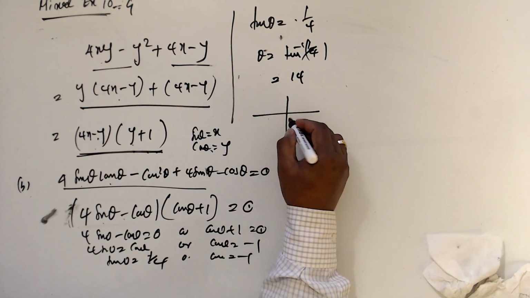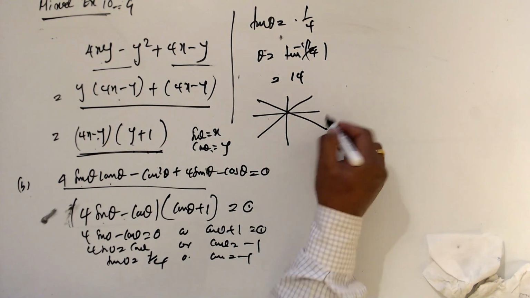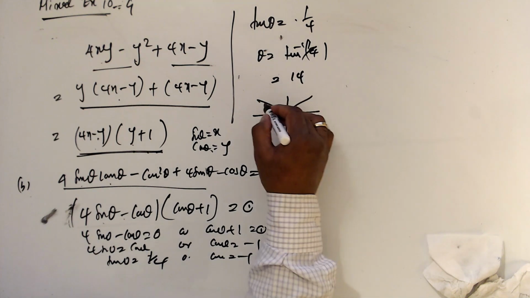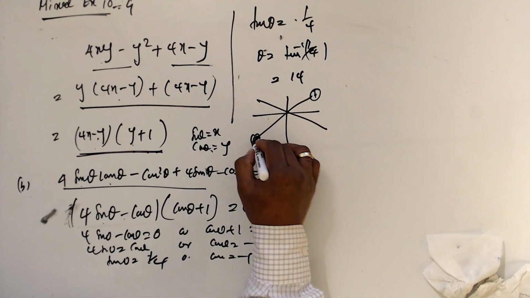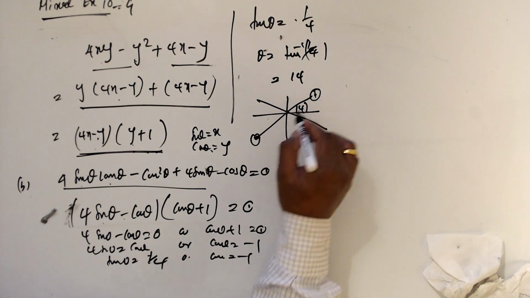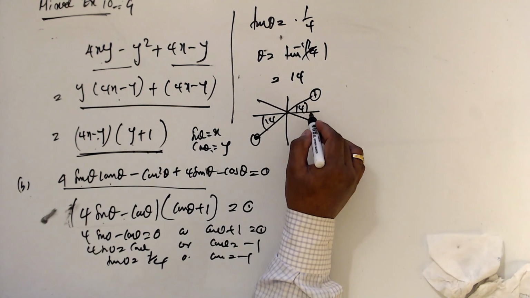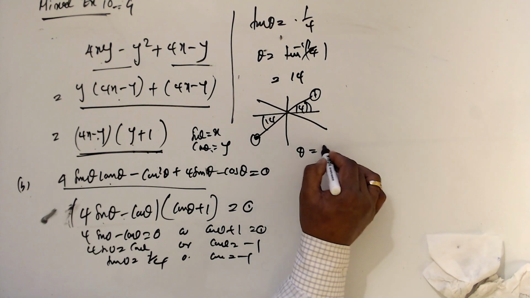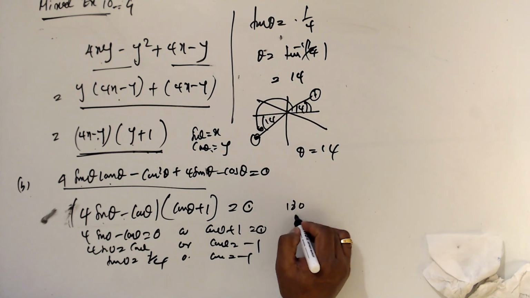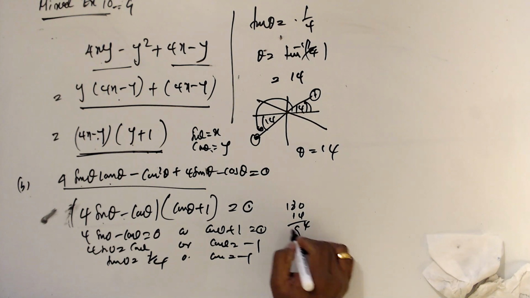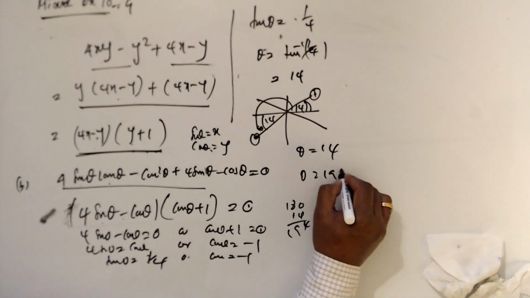Now it is an acute angle, and tan is positive in the first and third quadrants. So the first one is 14, and the second one is 180 plus 14, which is 194.